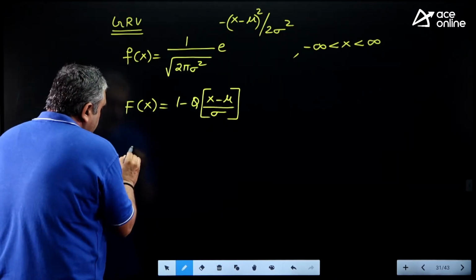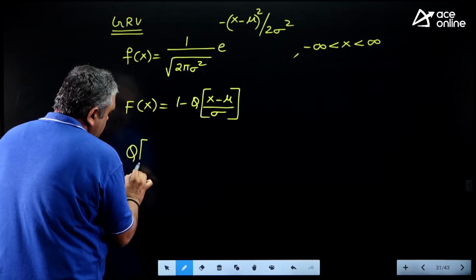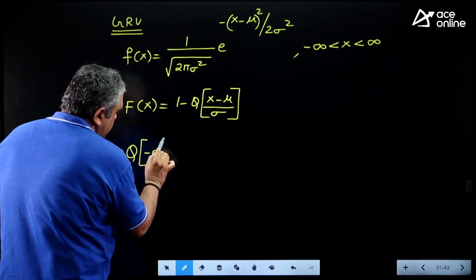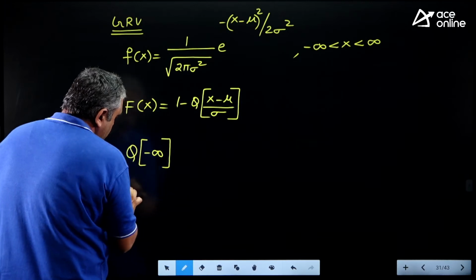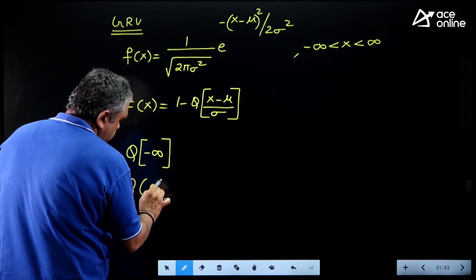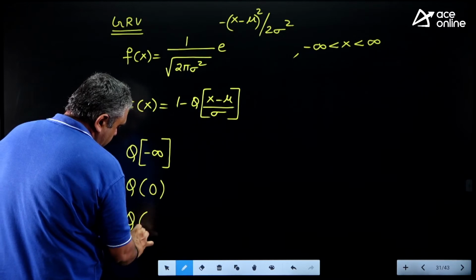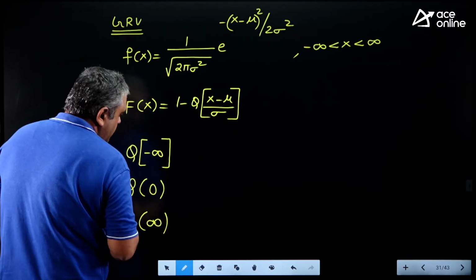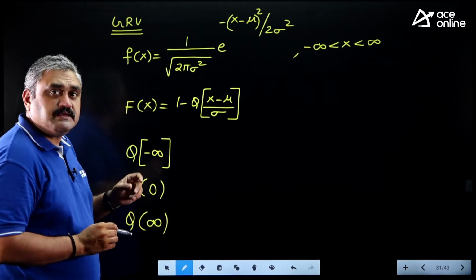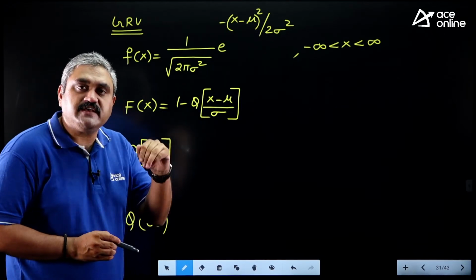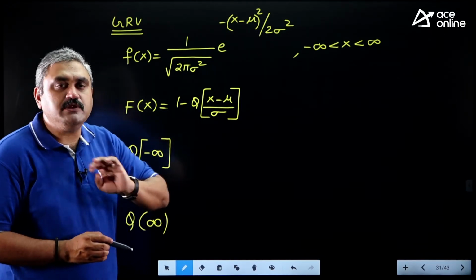And remember these Q function values: Q of minus infinity, Q of 0, Q of infinity, meaning a very high value. Always, the Q function is a decreasing function. So as the x value increases, the Q of x value decreases.